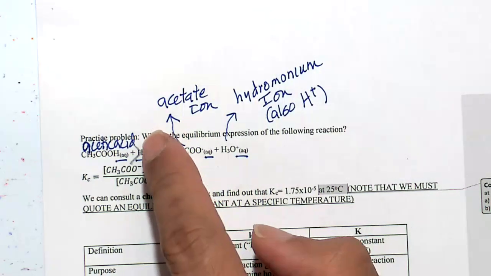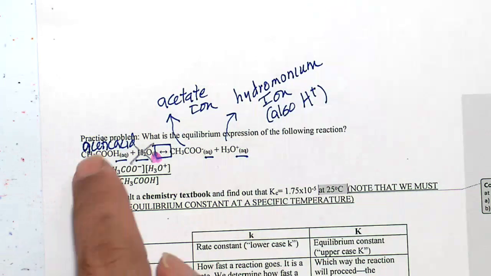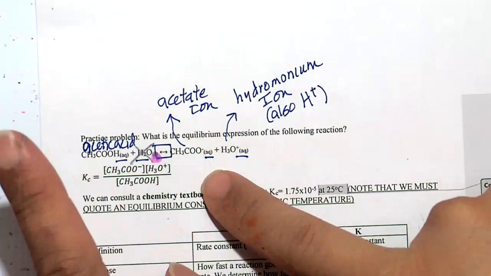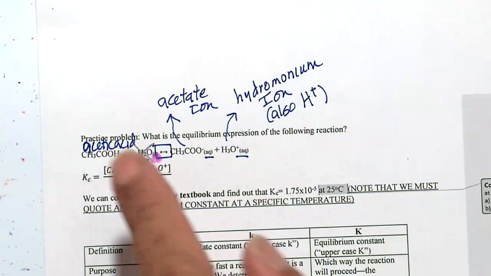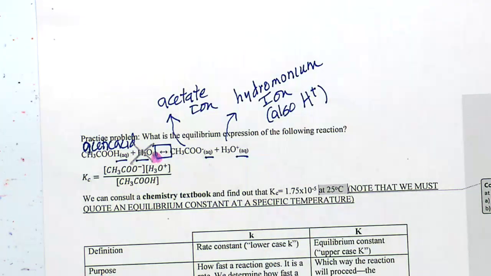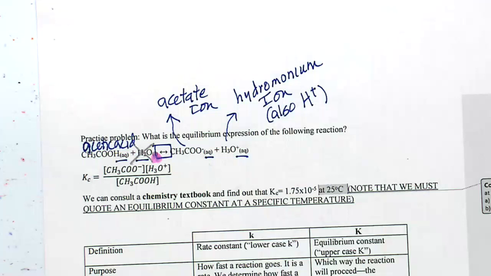I think we were having a discussion, Robert, after class about buffers. So this is an example of a buffer. It keeps the pH from going too high or too low. That's what a buffer does. And we have weak acids in our body, in the cell, or wherever in chemistry, that can serve as buffers. So we'll talk about that equilibrium in our next chapter.